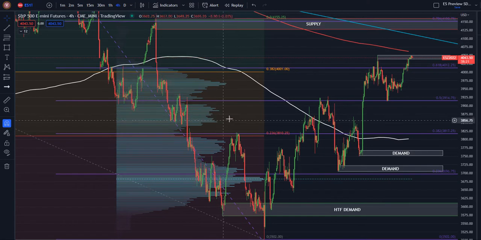The way I have always presented the market profile over the years is, to me, the mountains in the market profile are like cyclists, or they're like towns.